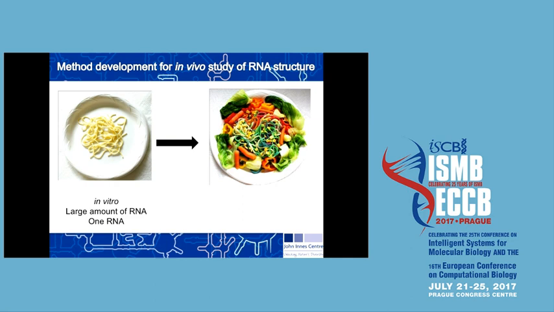But in the living cell, the RNA folding structure is very different because it associates with lots of RNA binding proteins, different metal ions, osmolytes, all these things. So it's very complicated. Plus, with every single RNA differing in abundance, it's impossible to use the older methodology.